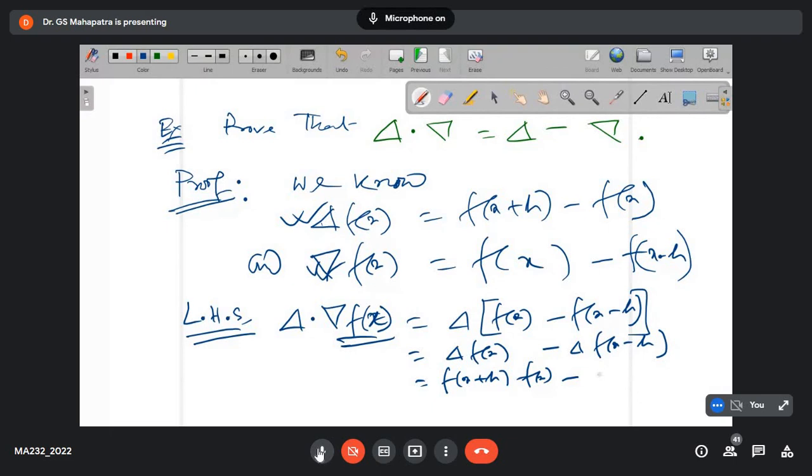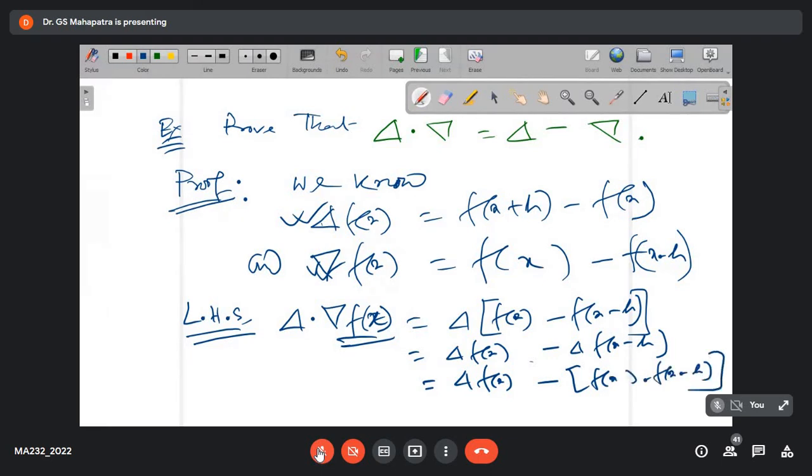Tell me this one, what will be the answer? Since this is our target, we'll write delta of f of x as it is, minus f of x minus f of x minus h.